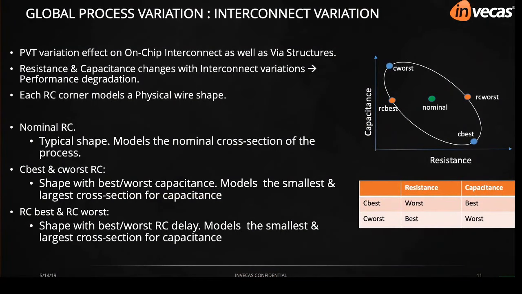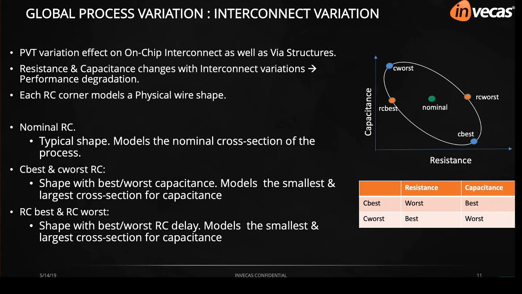Global process variations will also have an impact on the chip interconnects as well as the via structures, apart from the transistor performance. Because of global process variations, the thickness and width of the interconnects will change, which will have a direct impact on the resistance and capacitance of the metal layers. Based on this context, there are different types of models that have evolved which need to be considered when doing the RC extraction of the nets in the design.